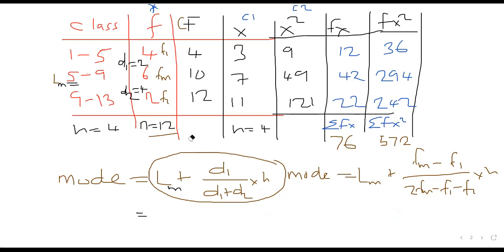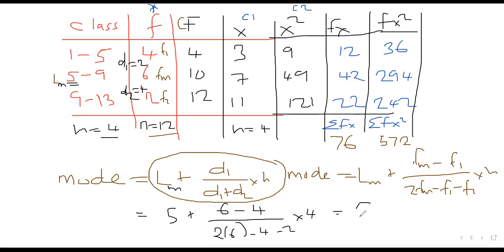Suppose we use the other formula. Our Lm is simply 5. So our Fm is 6 minus F1, which is 4. Already it's making our D1, we found as 2. And 2 times 6. Then our F1 is what? 4. The F2 is what? 2. And the height? Height is from here to here, to here to here, the height is 4.